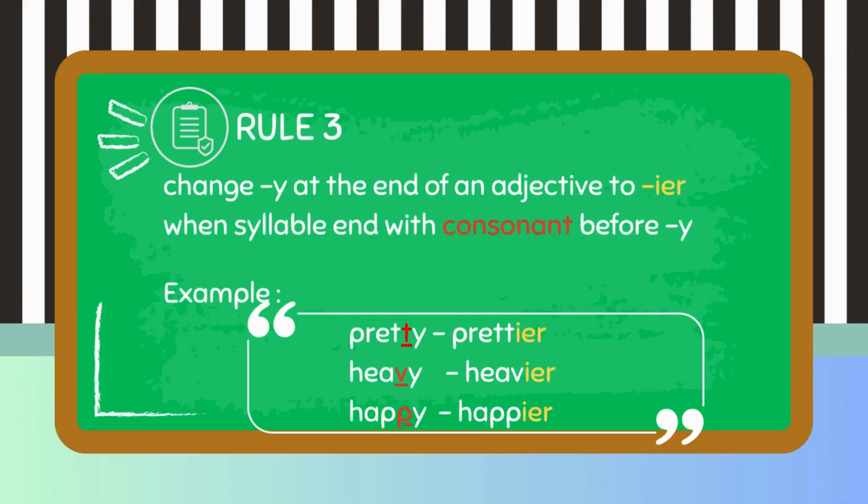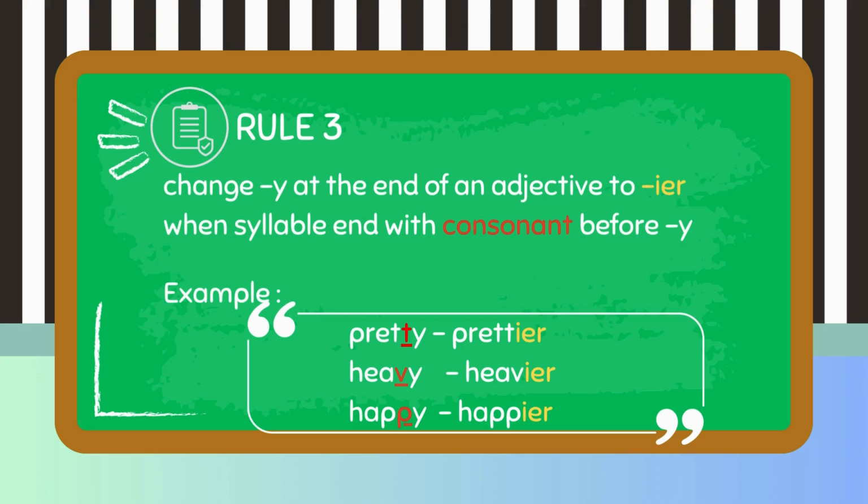Third rule to form comparative adjectives is when we have to change the letter Y at the end of an adjective to IER, when the syllable ends with a consonant before the letter Y. We have 3 examples here. Let's look at the first example. The consonant T comes before the letter Y in this word.